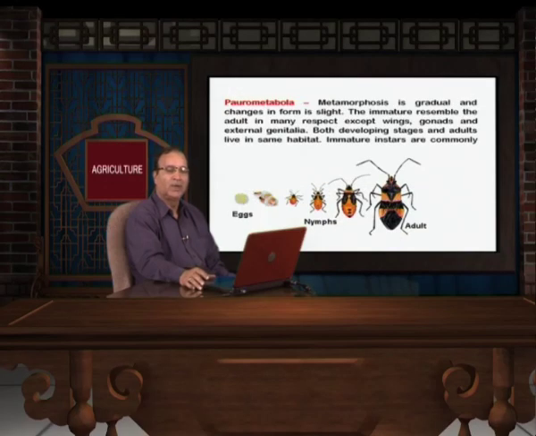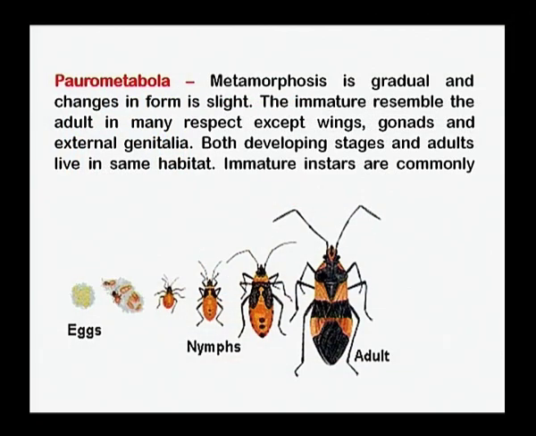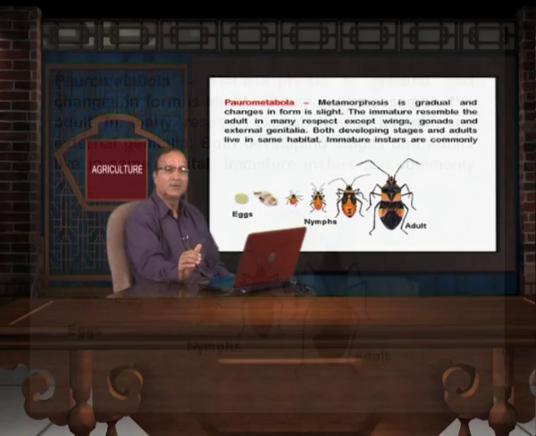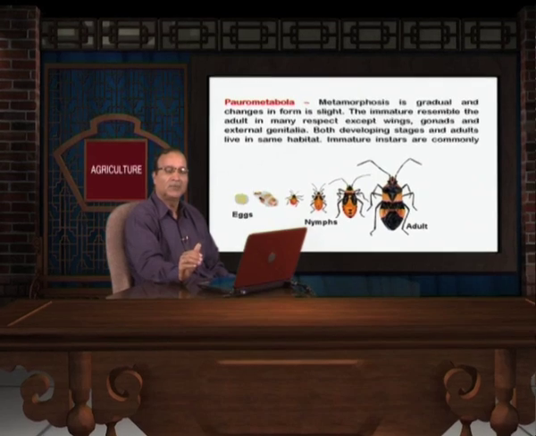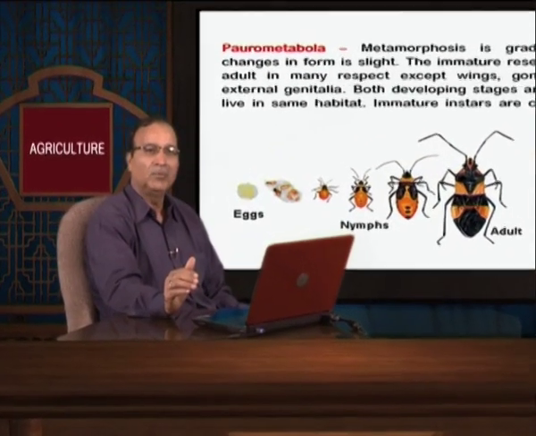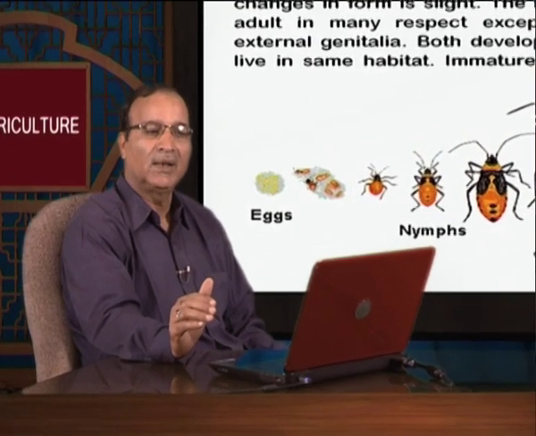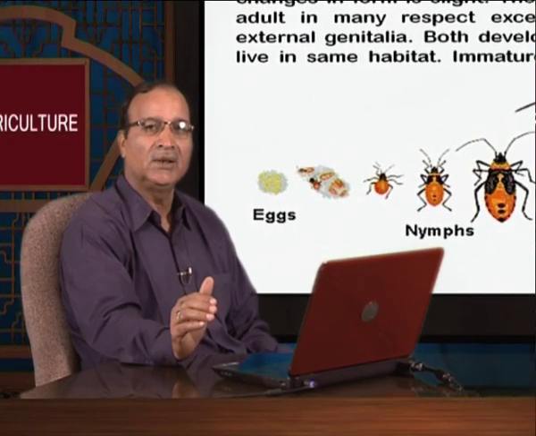Parametabolous type of metamorphosis, which we can say is slow or gradual, and the changes which come under this type of metamorphosis are very slight. It means the changes which come after hatching of the egg cannot be seen very clearly. It means this change is very slow.